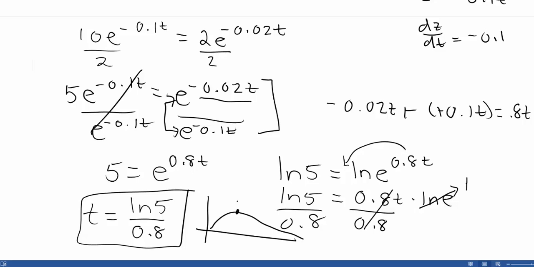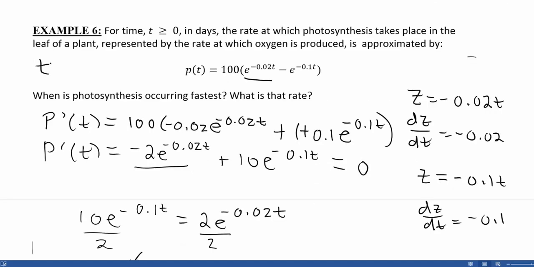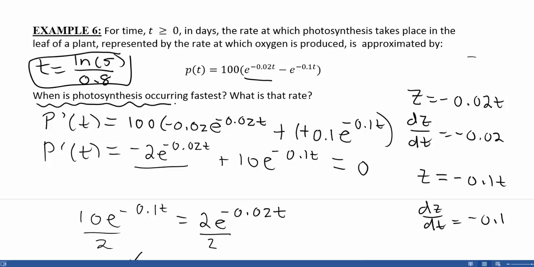However, I also want to know what that rate is. So I have to go back up and find the corresponding dependent value. So again, I'd found my critical point to be t equals the natural log of 5 divided by 0.8. That answers the first part of the question. When is the photosynthesis occurring the fastest? That gave me the independent value.